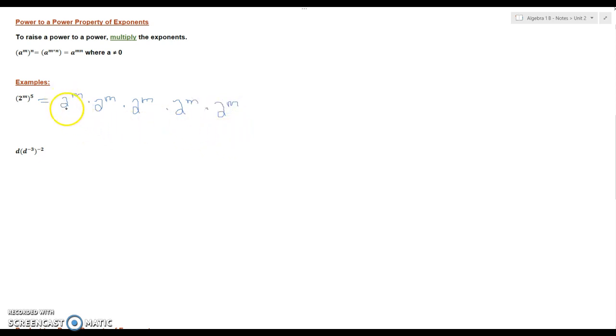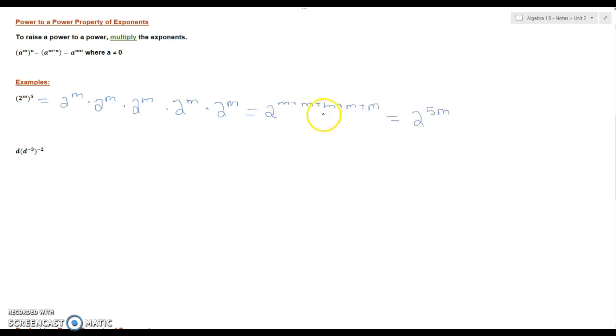And so now we have our bases, and we know that when we have the same base, we can add our exponents. So we would have 2 to the m plus m plus m plus m plus m, which equals 2^(5m), because there are 5 m's here.